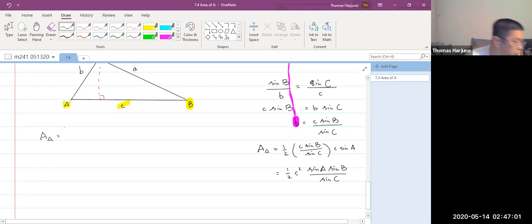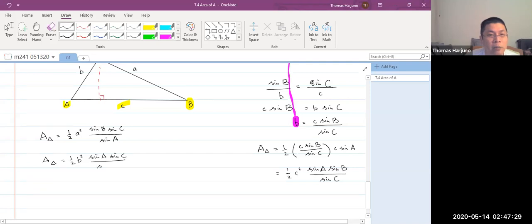For this section, if you take a look in our textbook, it is written this way: 1/2 A squared sine B sine C over sine A, or 1/2 B squared sine A sine C over sine B, or the one we just had, 1/2 C squared sine A sine B over sine C. Okay, now that's what our textbook does.